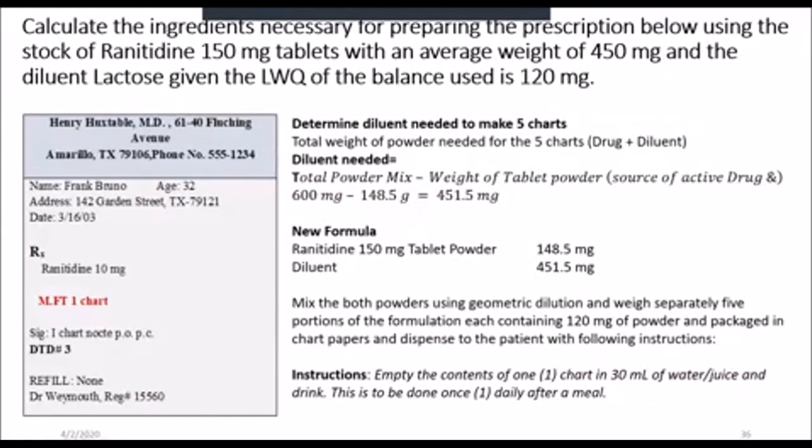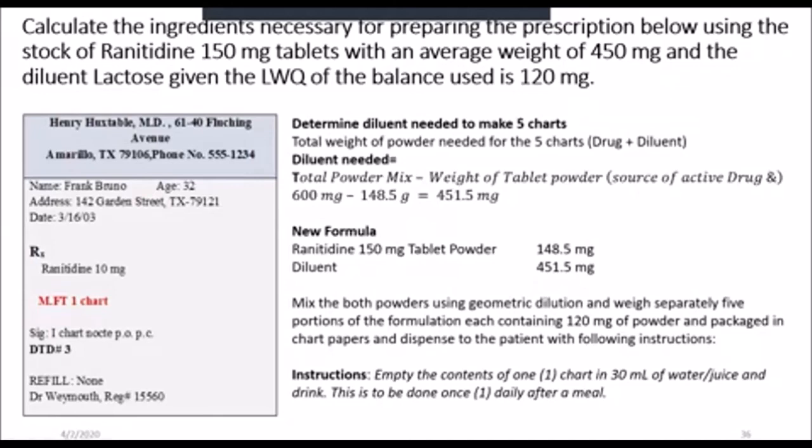If we should look at it in terms of steps on what to do, we're going to retrieve one of the 150 milligram ranitidine tablets. We are going to crush it in our mortar to fine homogeneous powder. We're going to weigh off 148.5 milligrams. We're going to take lactose, our diluent, and weigh 451.5 milligrams of it.